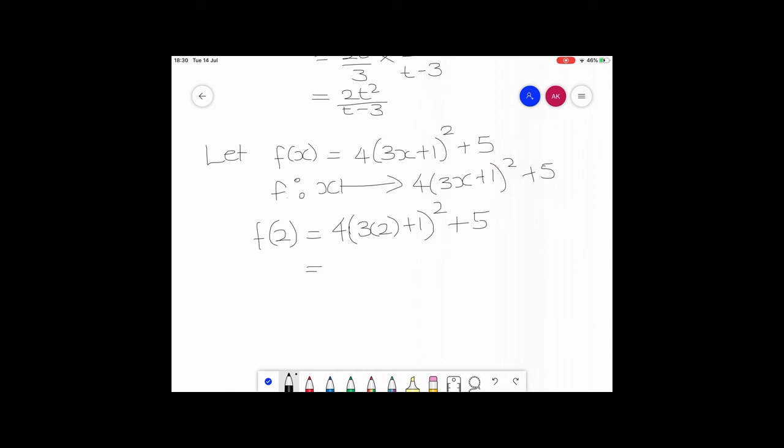And that will give us 4 times, 6 plus 1 is 7 squared, plus 5. The result is 4 times 49 plus 5. And this will give us 196 plus 5, giving us 201. So that is the output for 2 into that function.